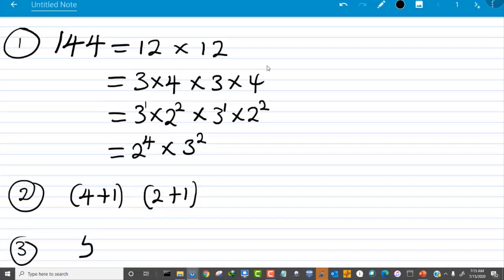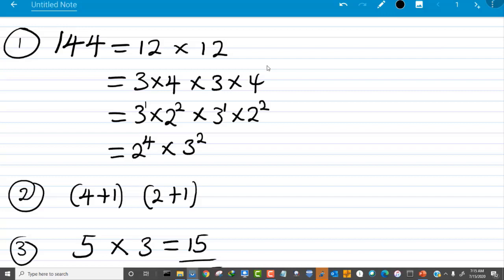We have 5 times 3, which gives us 15. So this means 144 has 15 positive factors. Alright, so that is how we can use prime factorization to find the number of positive factors of an integer.